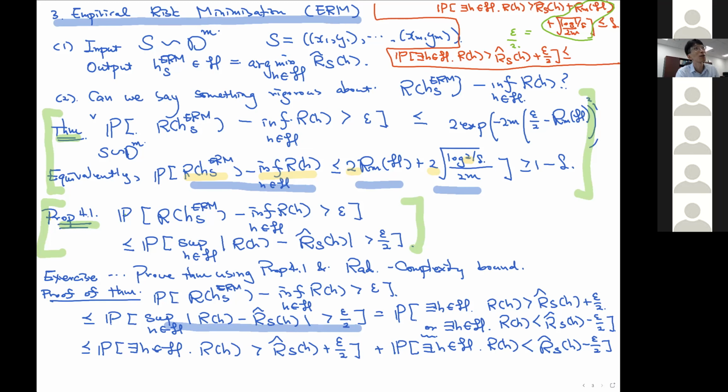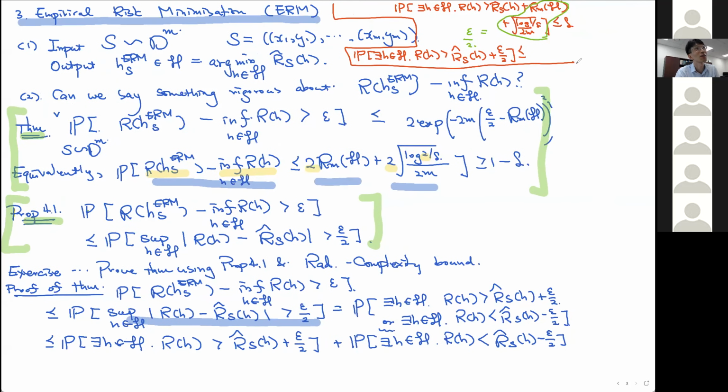I don't have enough space. Let's create some space. So it's going to be bounded by like this.